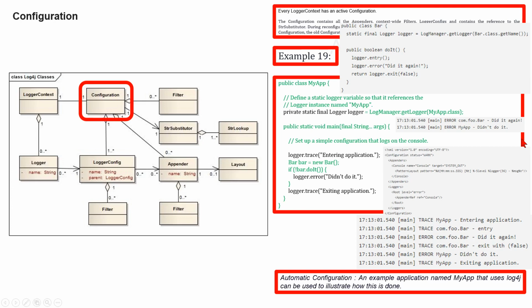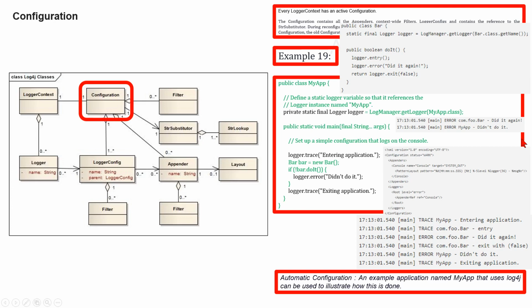6. If a test file cannot be located, the properties ConfigurationFactory will look for log4j2.properties on the classpath. 7. If a properties file cannot be located, the YAML ConfigurationFactory will look for log4j2.yaml or log4j2.yml on the classpath. 8. If a YAML file cannot be located, the JSON ConfigurationFactory will look for log4j2.json or log4j2.jsn on the classpath. 9.